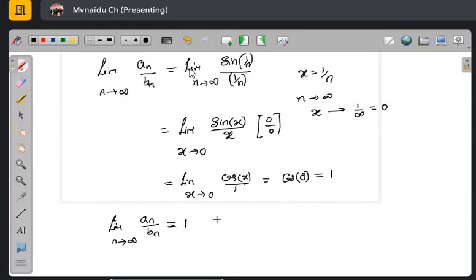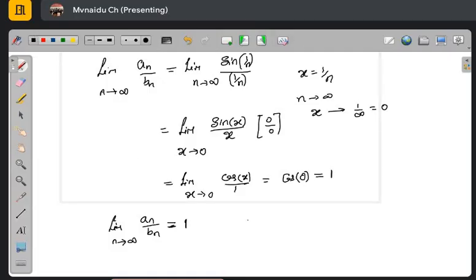Therefore, by the limit comparison test, we know that summation an and summation bn will have the same behavior. So we got the limit of an over bn as n goes to infinity as 1. By the comparison test, both have the similar behavior.